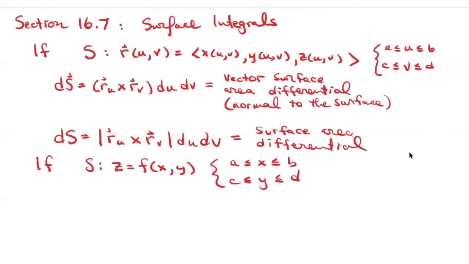Then don't forget that we've come up with a couple of different things in this context. The dS, the vector, was negative f_x, negative f_y, 1 dA. That was the upward normal.